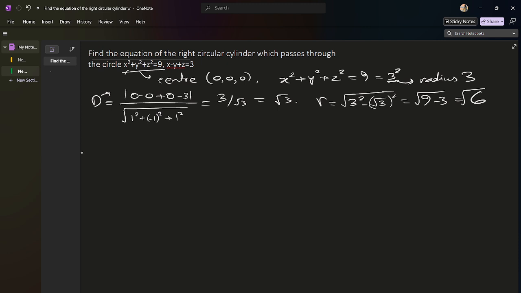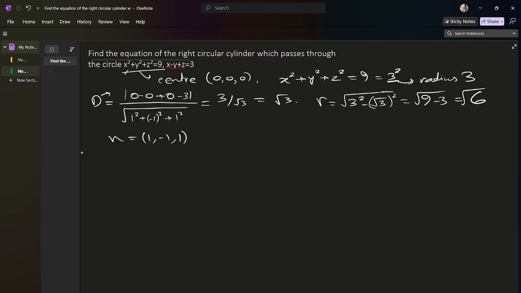Since the plane of the circle is given by x minus y plus z equals 3, the normal vector to the plane is n equals 1, minus 1 and 1, the coefficients of x, y and z. Thus, the axis of the cylinder is parallel to this.